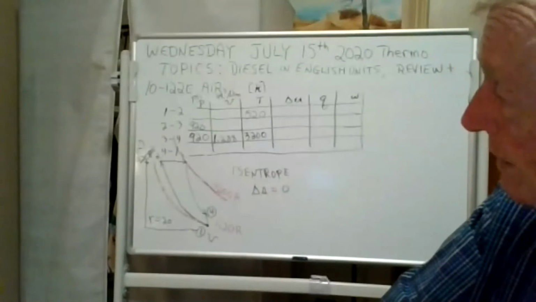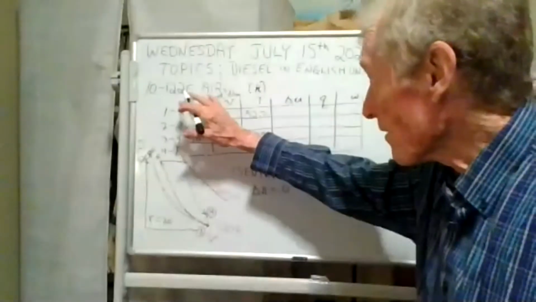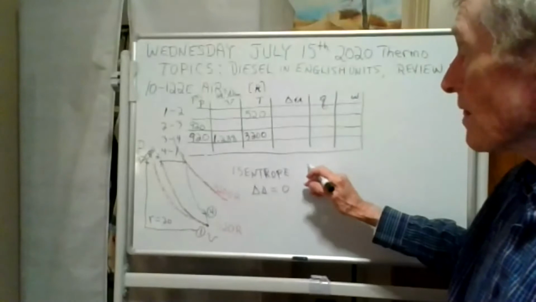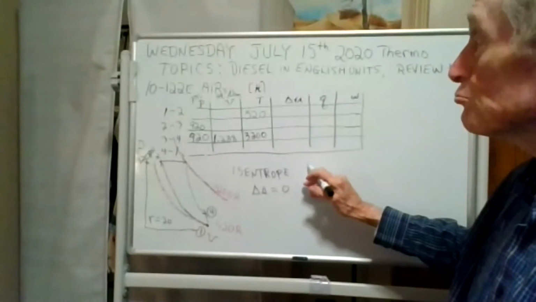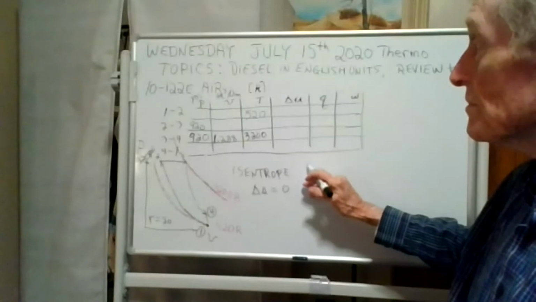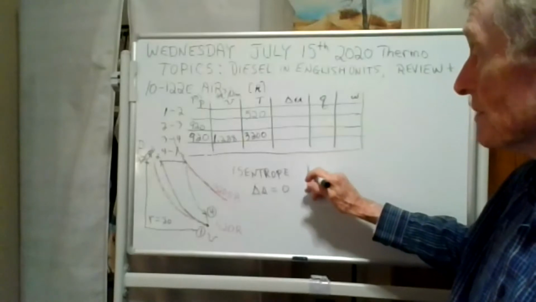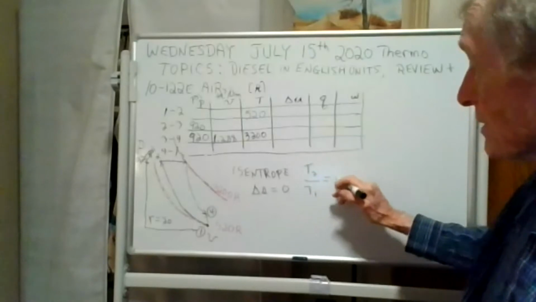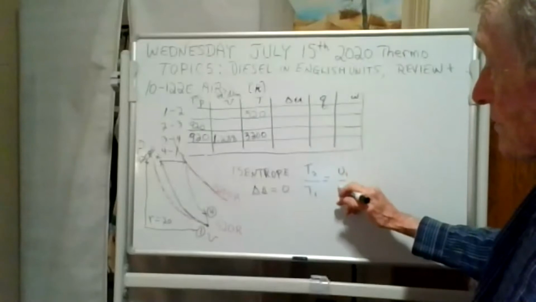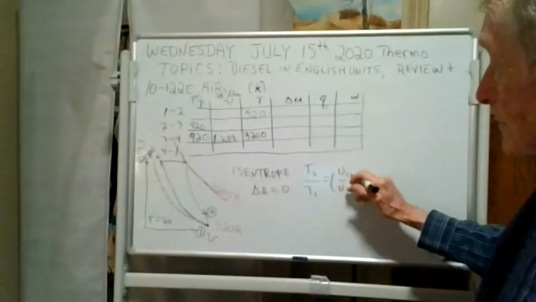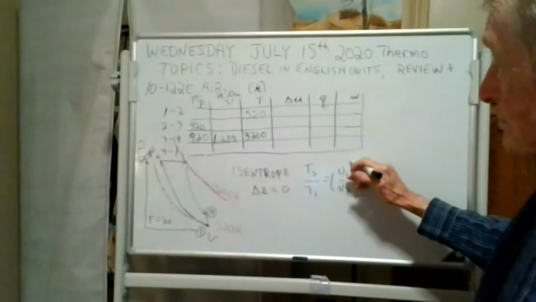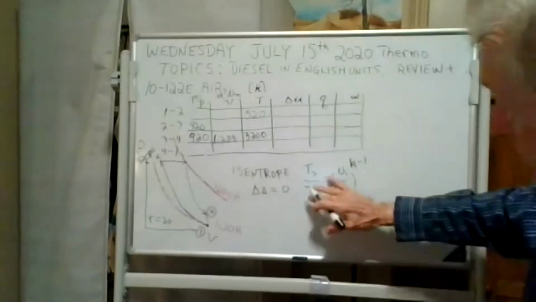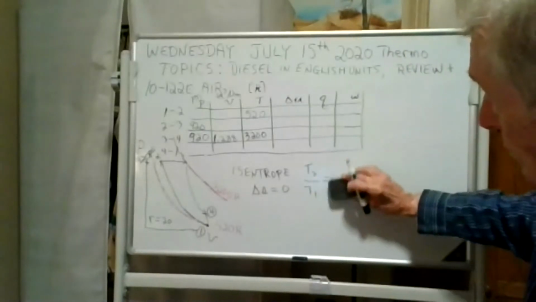And if you have an ideal gas like air, then you can do this here. Maybe this will work. T2 over T1 is equal to V1 over V2 to the K minus 1. Actually, there's another part to this here. Let me write the whole thing for you.